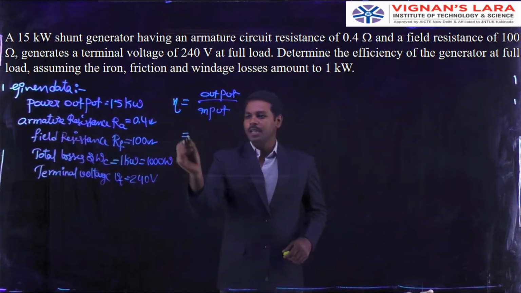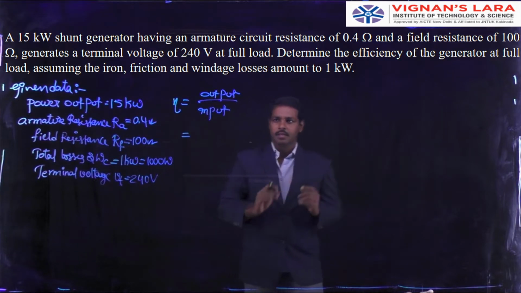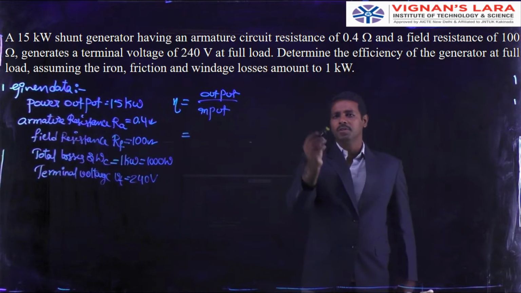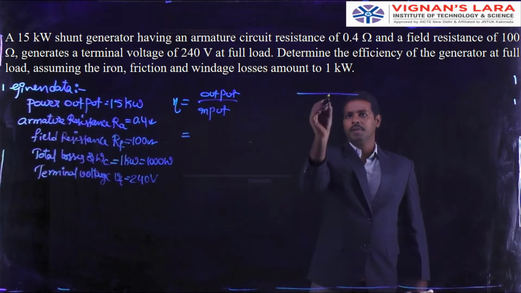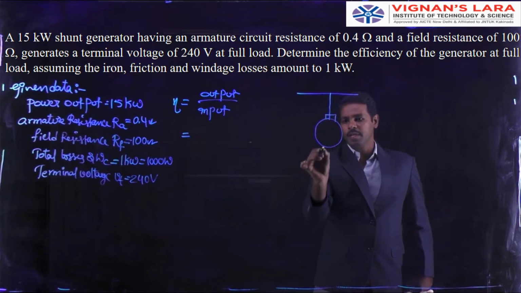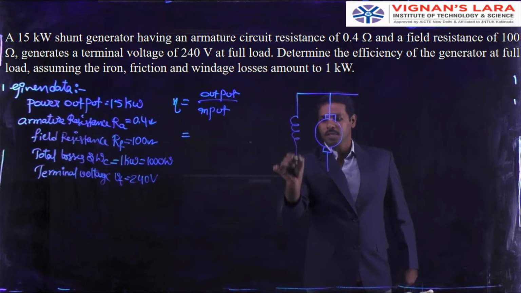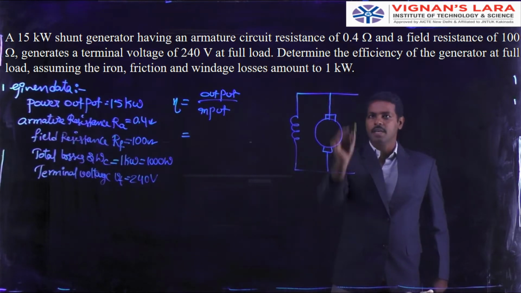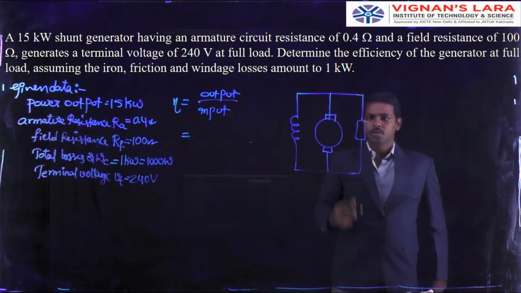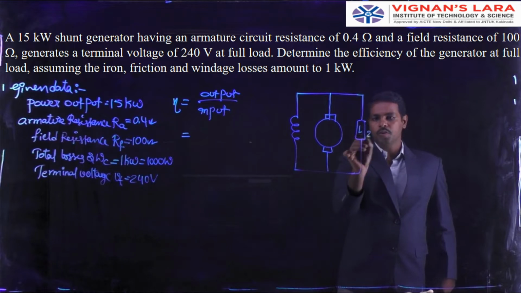First, what are the parameters to be considered for the shunt generator? We draw the circuit diagram for a better understanding of the given problem. The armature is always connected across the load, with terminal voltage VT equal to 240 volts.